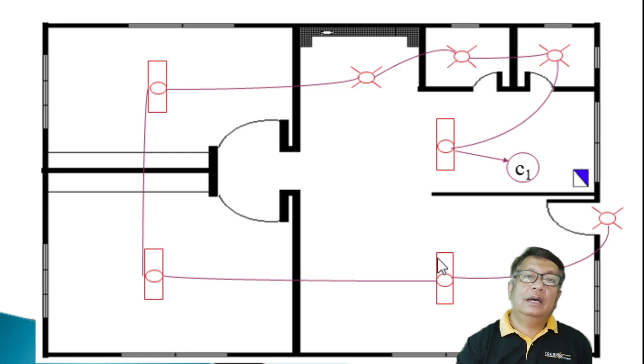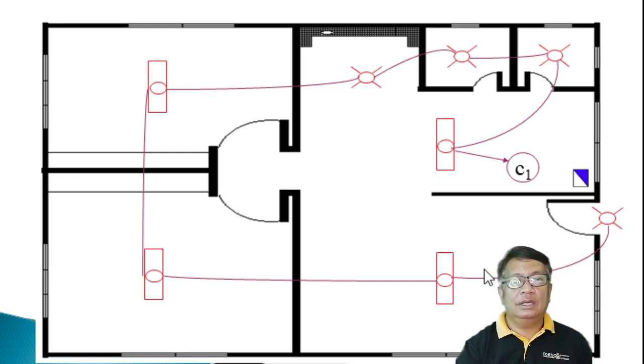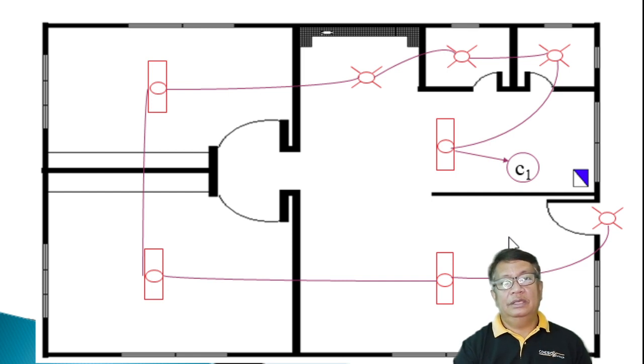But it is suggested that in a residential house, we implement two or more branch circuits for the lightings or lamps. Why? Because if you have problems in branch circuit one, the whole building will be dark, because you have only one branch circuit.